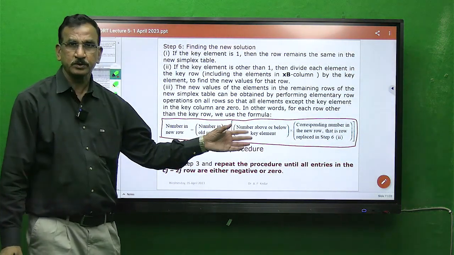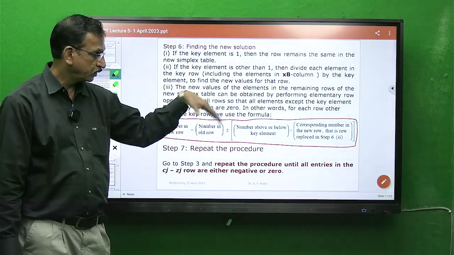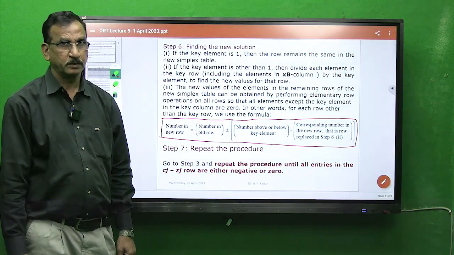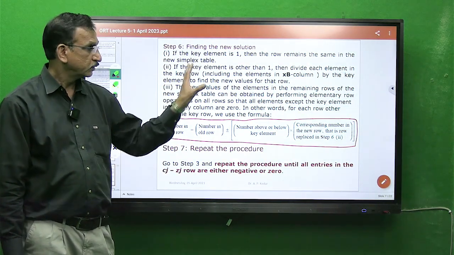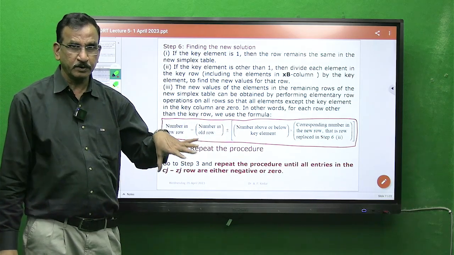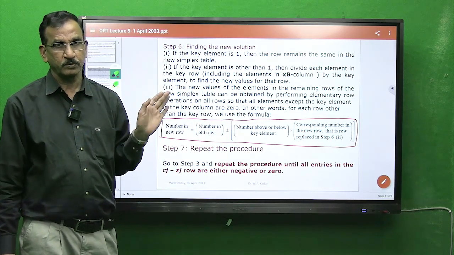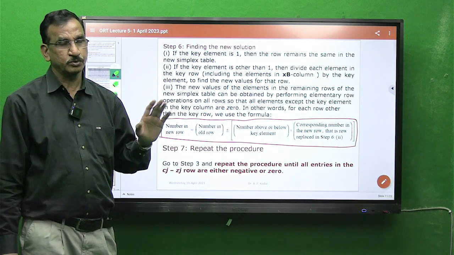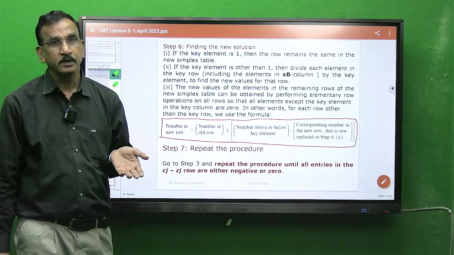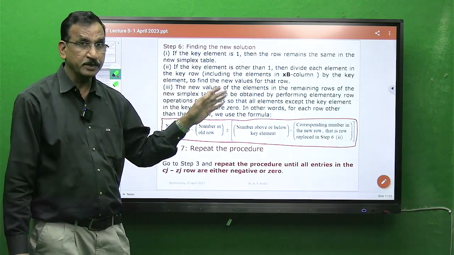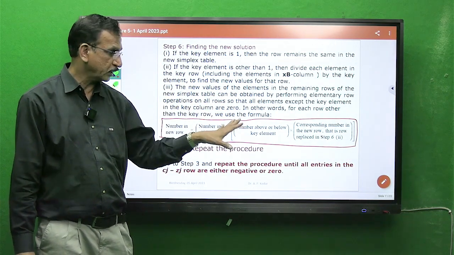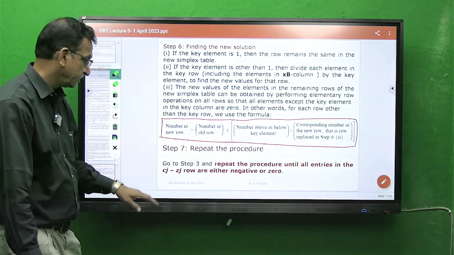I will explain this in a very simple way when we solve the numerical. Again I am repeatedly saying this entire slide is giving you details of the related steps, so when you study you should not miss any of the concepts. Therefore these detailed slides are given.